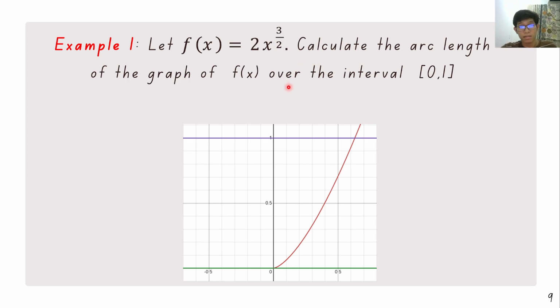What I mean by that is, in this part we were given f of x, which means we have to use the first formula, L equals the integral from a to b of the square root of 1 plus (dy over dx) squared. Here we calculate the arc length of the graph of f(x) over the interval 0, 1. So we have to calculate the arc length from 0 to 1.